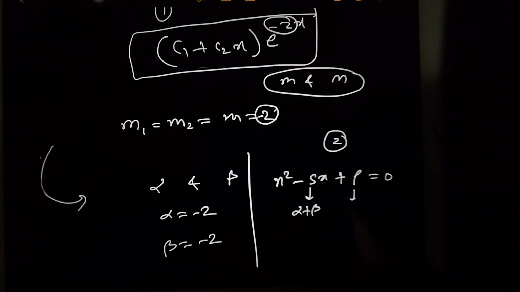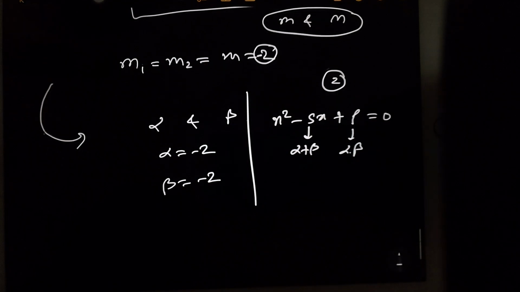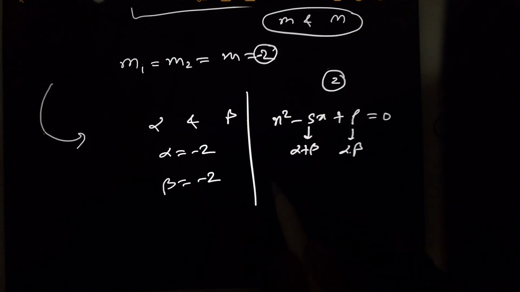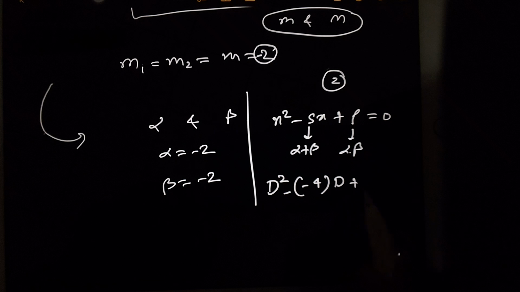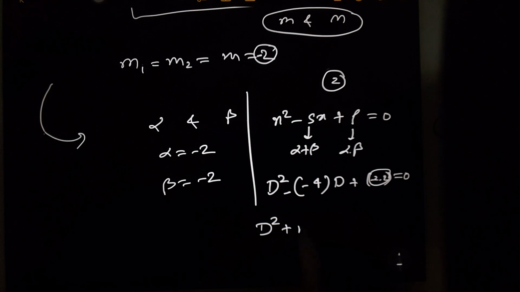What is p? Product of the roots, alpha into beta. So I should write my equation as D square minus (sum, minus 4) D plus p, the product, minus 2 into minus 2 means 4, is equal to 0. It means D square plus 4D plus 4 is equal to 0.